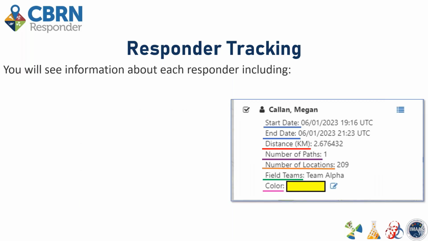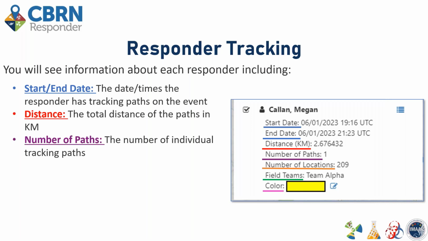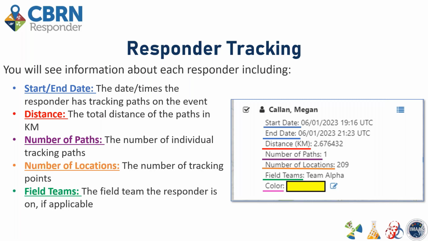You'll see some information about each responder, including the start and end date of their tracking path, the distance that they have gone, the number of paths. So based on time, they could have several different paths if they took a break in between a shift or something of that nature. The number of tracking points that have been recorded, any field teams that they're associated with, and the color of the tracking path.